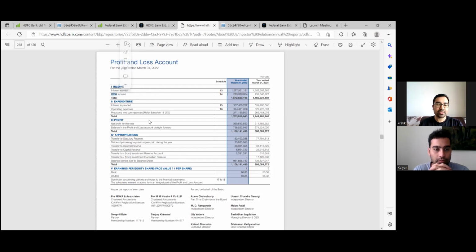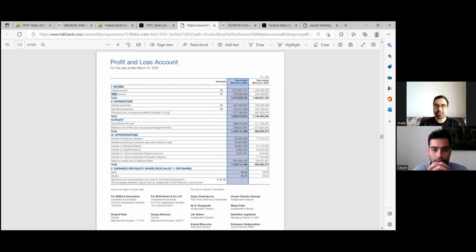You might think, what is this other income? This is a substantial part of the bank's income for many banks. For HDFC, it may look a little lower, but for many banks, it is one of the major components. So banks are into the business of different things. One business is lending and borrowing. The second thing is giving services to customers.